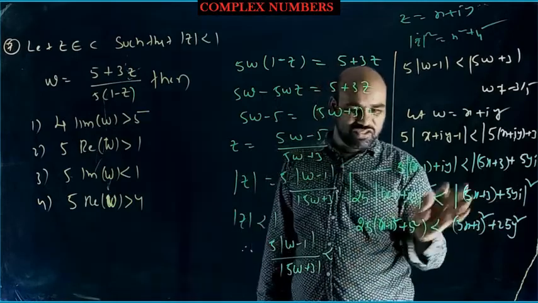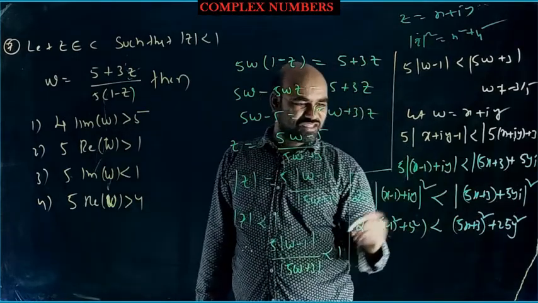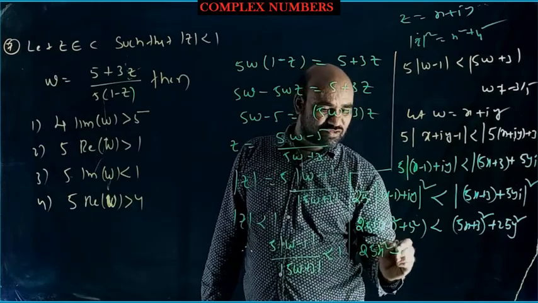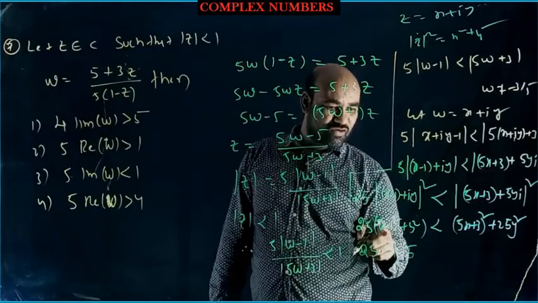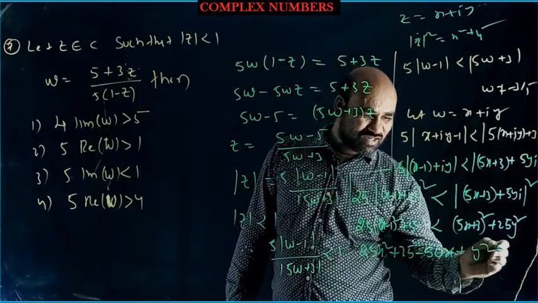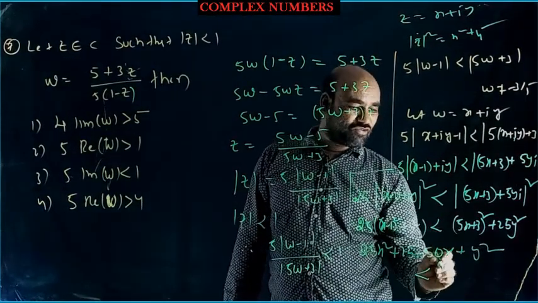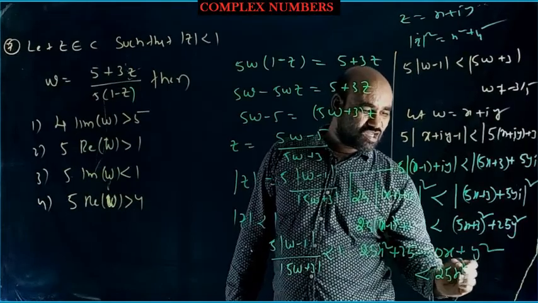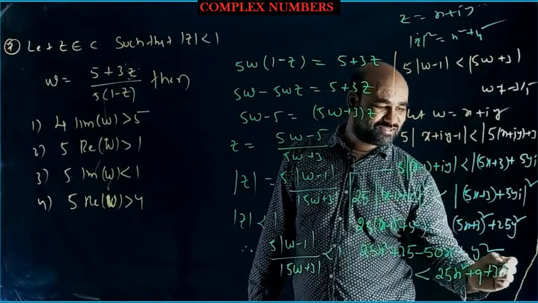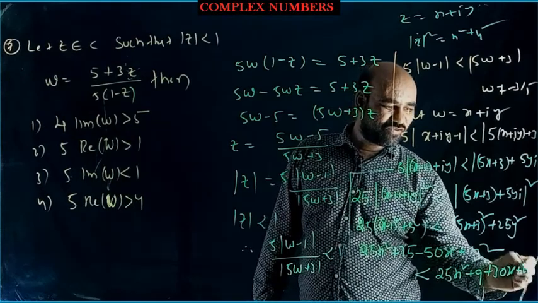So 25 times x minus 1 whole square plus y square is less than 5x plus 3 whole square plus 25 y square. Now you need to simplify this. Directly simplifying: 25x square plus 25, here 2x gives minus 50x, plus y square, is less than 25x square plus 9 plus 30x plus 25 y square.